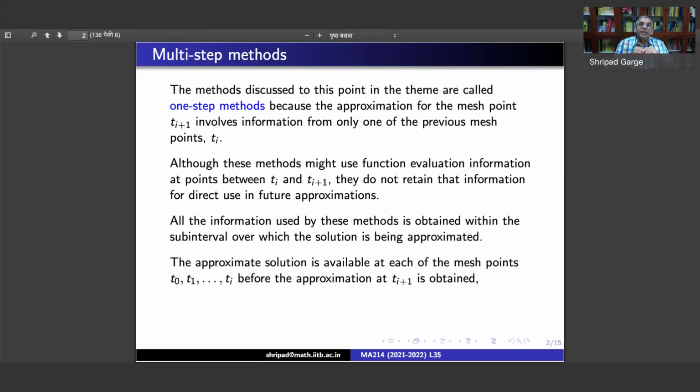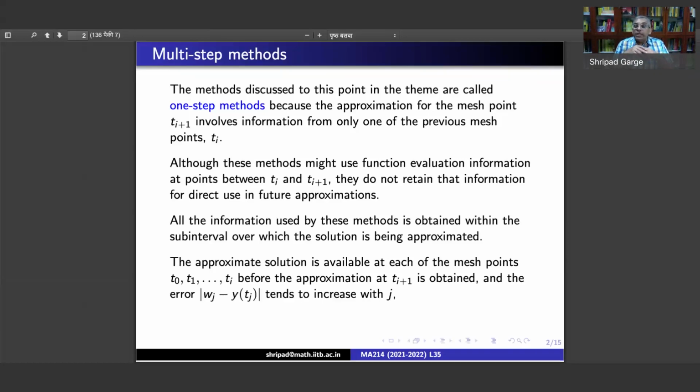Whenever we are looking at Ti plus 1, you would have computed the approximate solution at T0, which is anyway the initial value, then the solution at T1, the solution at T2, and so on up to Ti. So all these are available to you. And then there is one more very important point to consider, which is that the error tends to increase with j because there is an accumulation of the error at various steps.